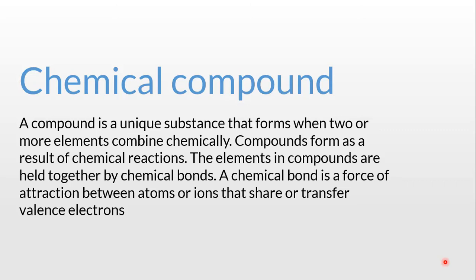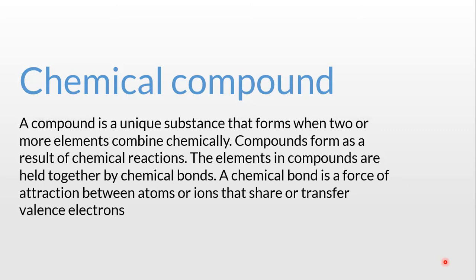The elements in compounds are held together by a chemical bond. So when elements combine to form the compound, what holds those elements together is what we are calling the chemical bond. So that bond is a force of attraction between the atoms or ions that share or transfer valence electrons.